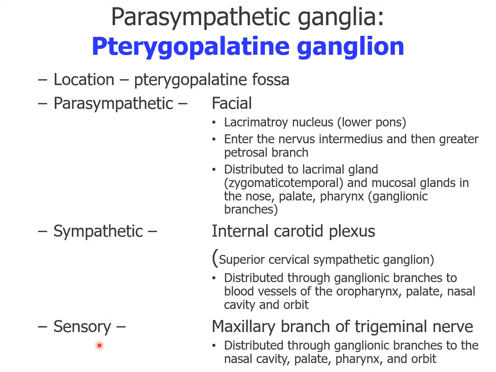And finally, the sensory route of the pterygopalatine ganglion is provided by the maxillary branch of the trigeminal nerve, most specifically the ganglionic branches, which are distributed to the nasal cavity, the palate, pharynx, and the orbit.